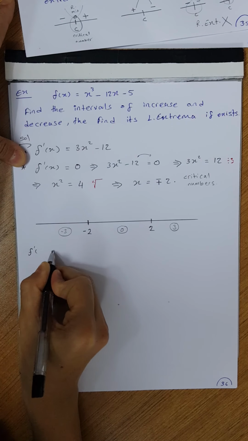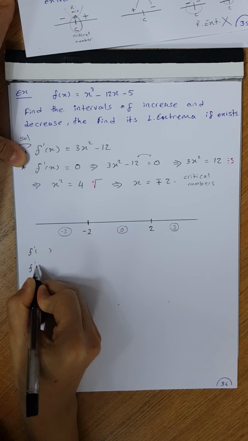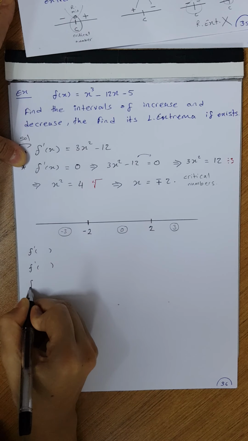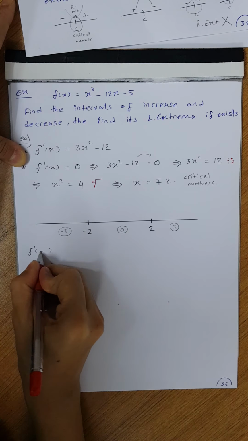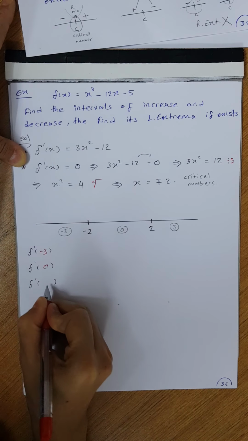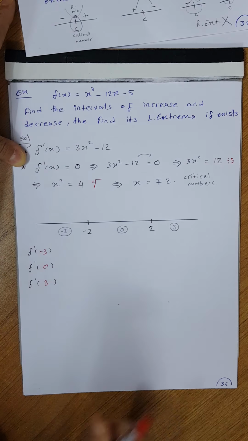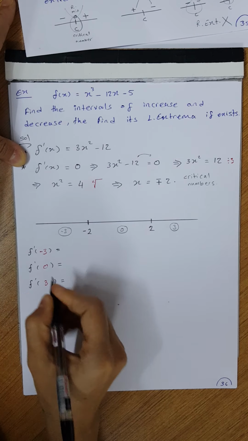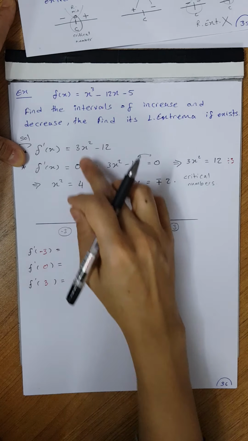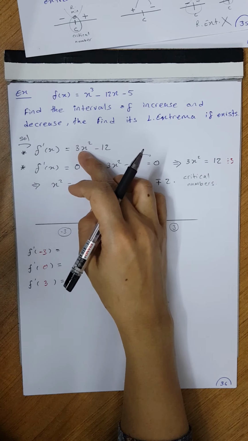That means I have to find f prime of 3 numbers because I have got 3 test numbers here. I have to find the test number negative 3, 0, and 3, okay? When I'm finding those ones, I do not care about the value of this. That means if I put negative 3 in here, I'm not calculating it.